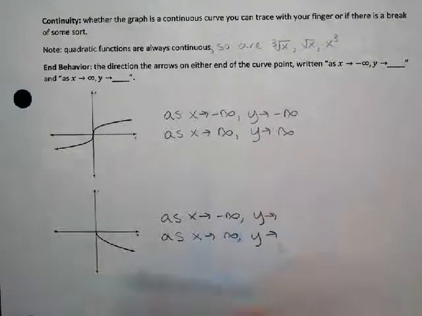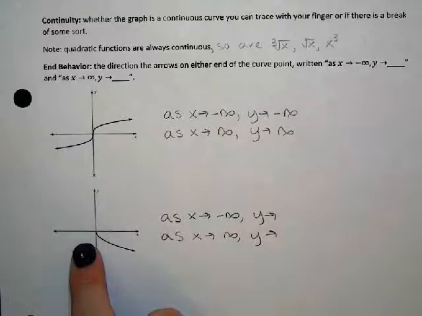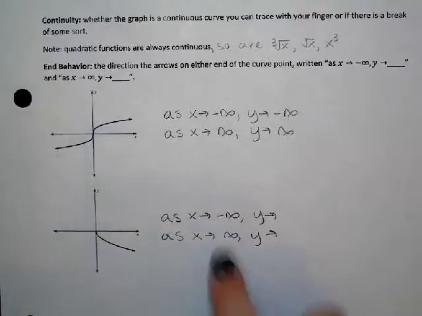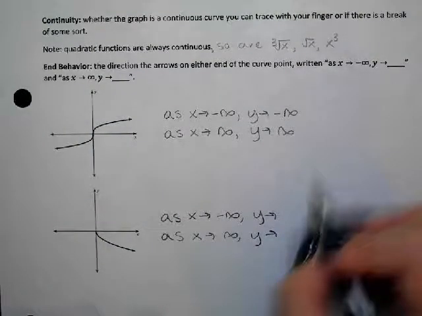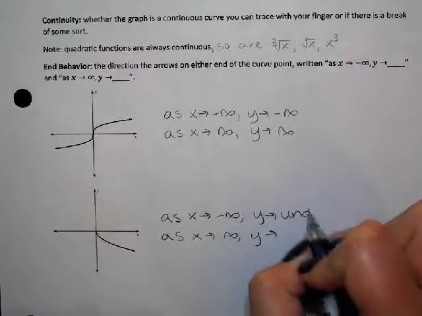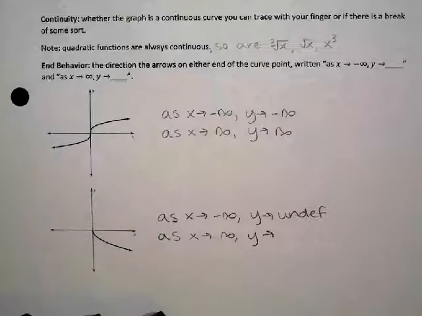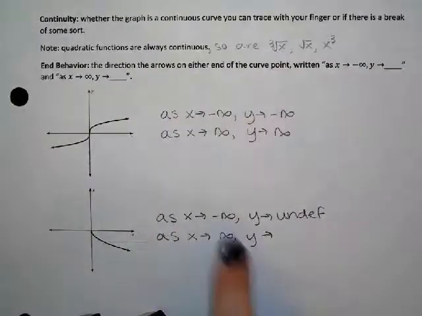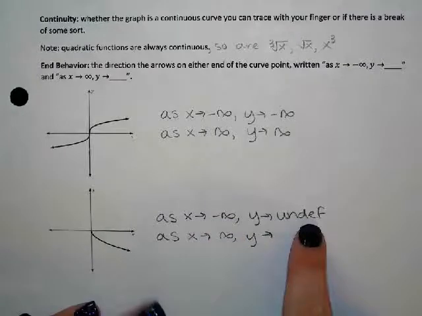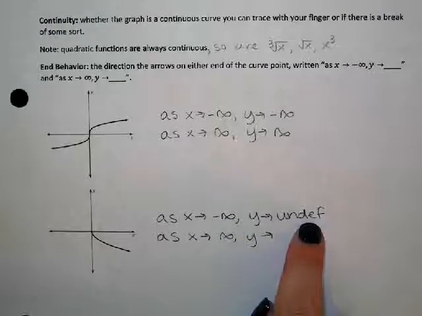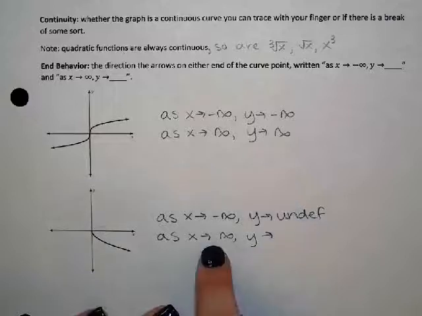So we're going to say, as we look at the left arrow, it is undefined. There's nothing there. The arrow's not going up, it's not going down, it's just not there, it's imaginary, it's invisible. And then this one, as we look at the right arrow is going down.